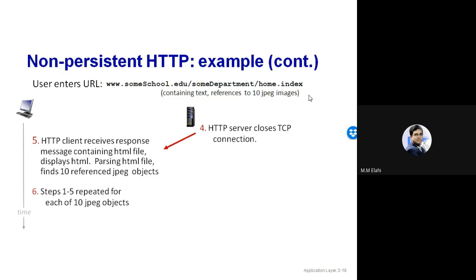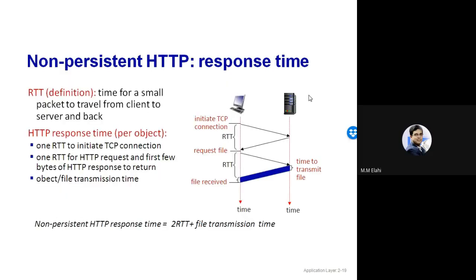In the previous non-persistent case, steps 1 to 5 must be repeated. In case of persistent, 4 will not be there, so 5 will be 4, right? Yes, sir. In that case, steps 2 to 4 will be repeated. So no new TCP connection.